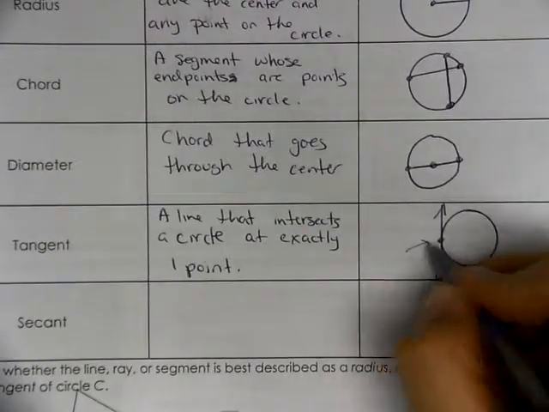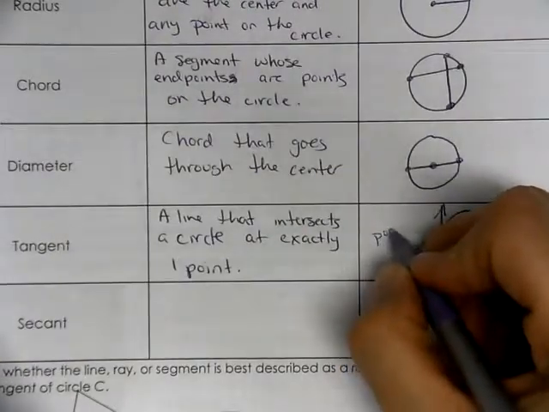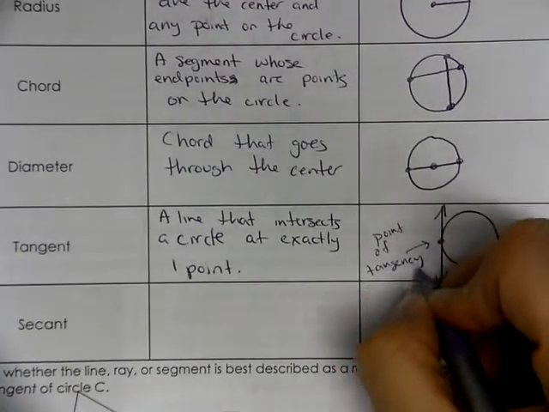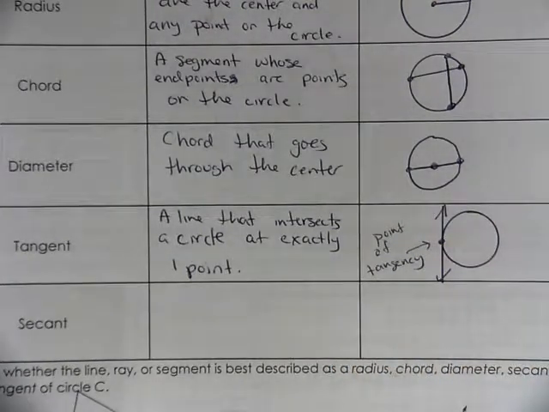And the point where it touches is called the point of tangency. Think about if somebody says, I just went off on a tangent. They went and veered at one particular point. And then a secant, kind of like a tangent, except it intersects the circle at 2 points.